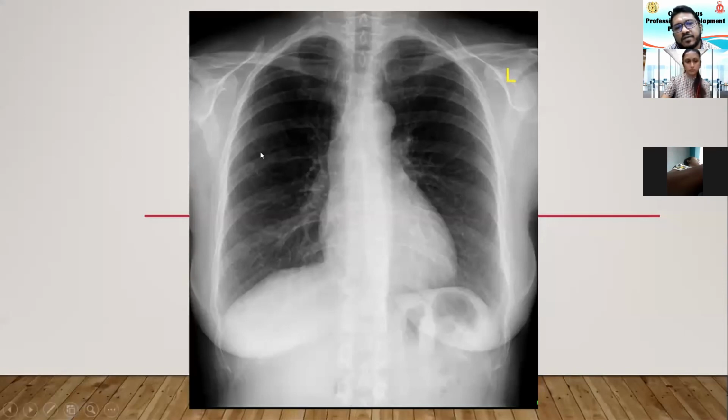These lung markings you should be able to see, and you should be able to see the vertebra behind the heart faintly, like in this X-ray, not very prominent. If it is very prominent, that means it's over penetrated. If you don't see anything at all, that means it's under penetrated.